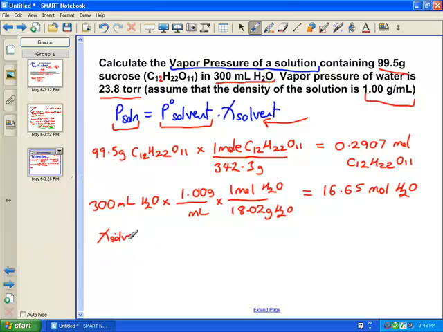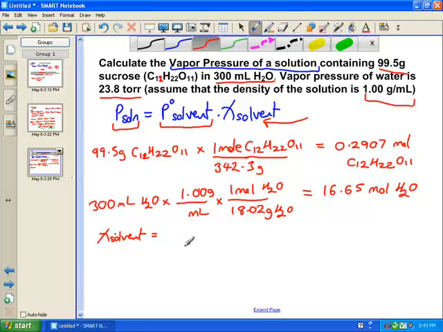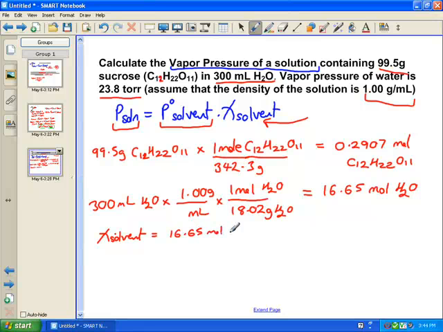So for the mole fraction of the solvent, we have 16.65 moles of H2O on the top, and on the bottom we have the moles of everything, which is 16.65 moles of our water, our solvent, plus the moles of our solute, 0.2907 moles of C12H22O11, our sucrose.